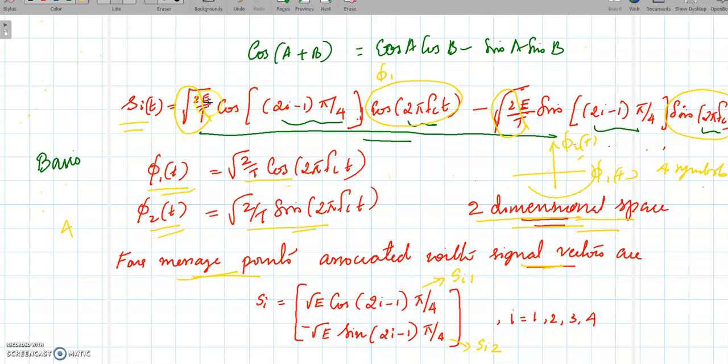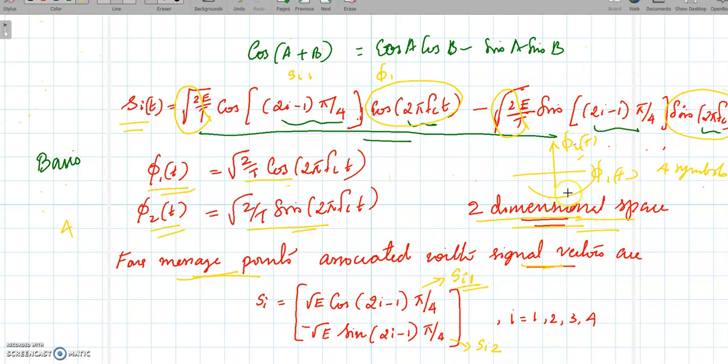So the remaining term root E into cos((2i minus 1) pi by 4) will be the component of the ith signal along the first basis function. So I can write the signal vector as root E into cos((2i minus 1) pi by 4). That is the component of the ith signal along the first basis function, that is s i1.